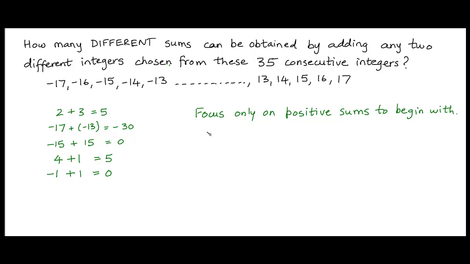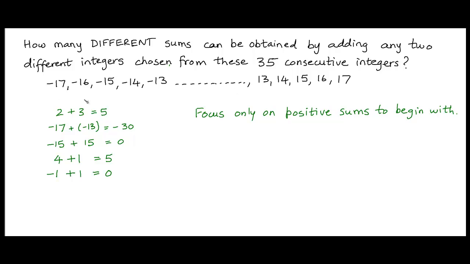Let's try to find out how many different positive sums we can get. The number of different negative sums we can get will be exactly the same, because the choice of numbers that's given to us is symmetric. That is, if the number n is available for us to pick and choose, then so is the number -n.